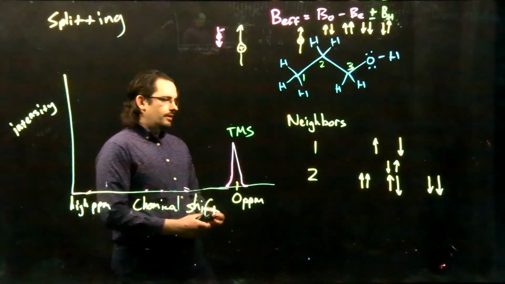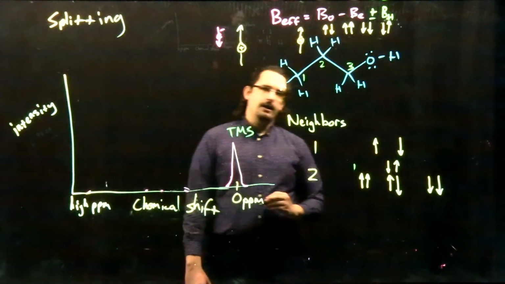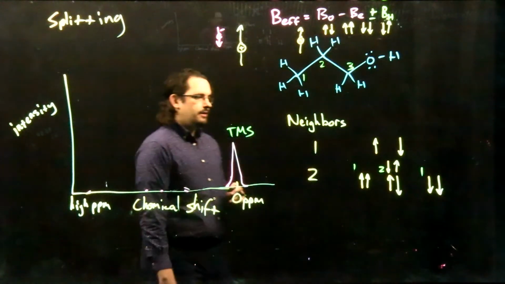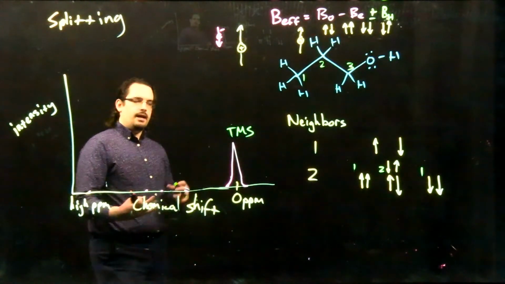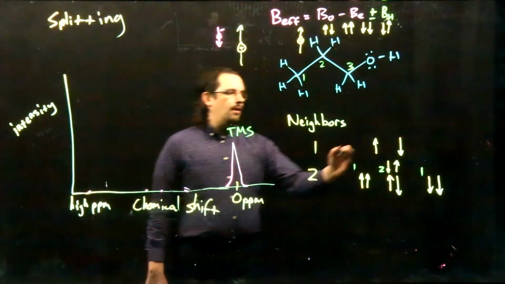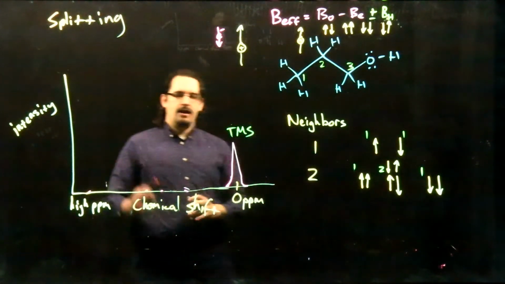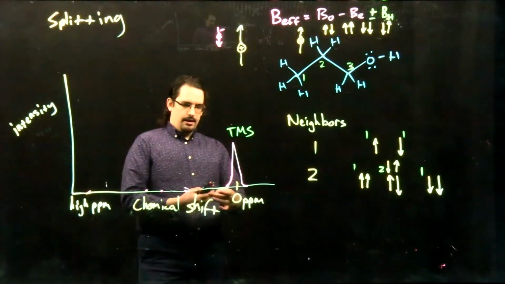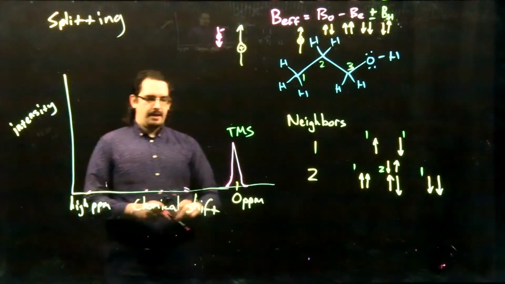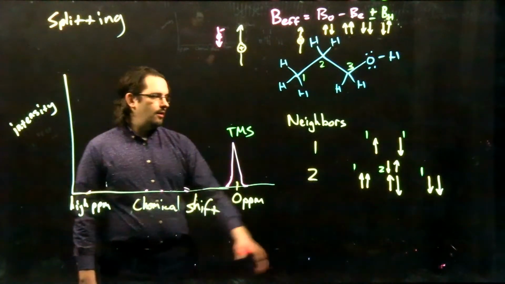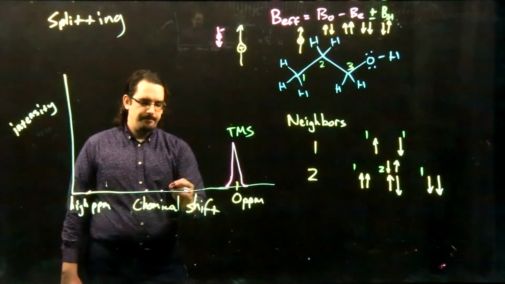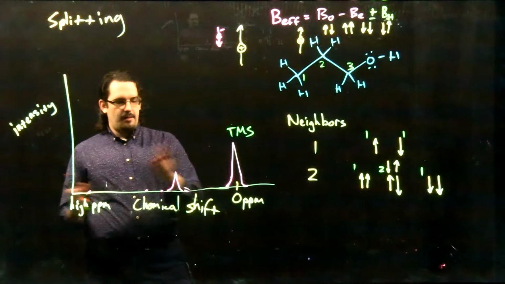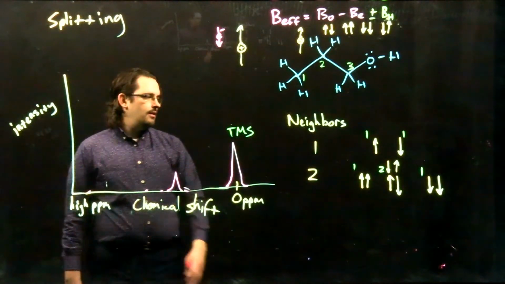So now, if you look at this, we have one possibility here, two possibilities here, and one possibility here. And that's going to relate again to the size of our peaks in our overall spectrum, right? So roughly a quarter of the time, we'll have both of those hydrogens pointing up, so that'll be our peak more to the left.